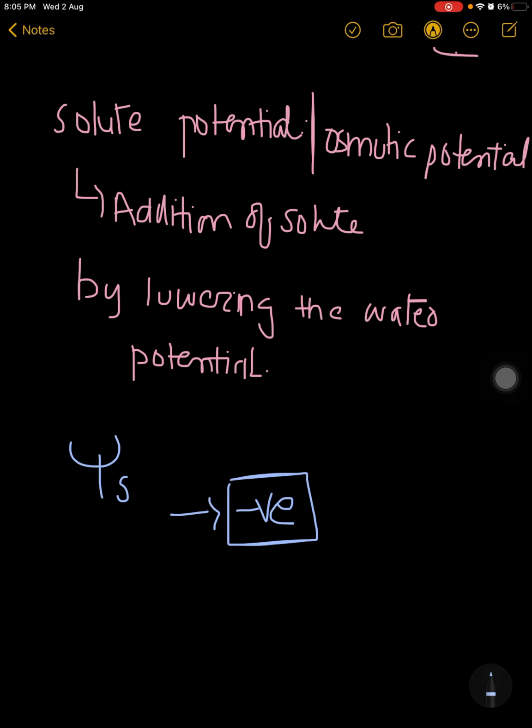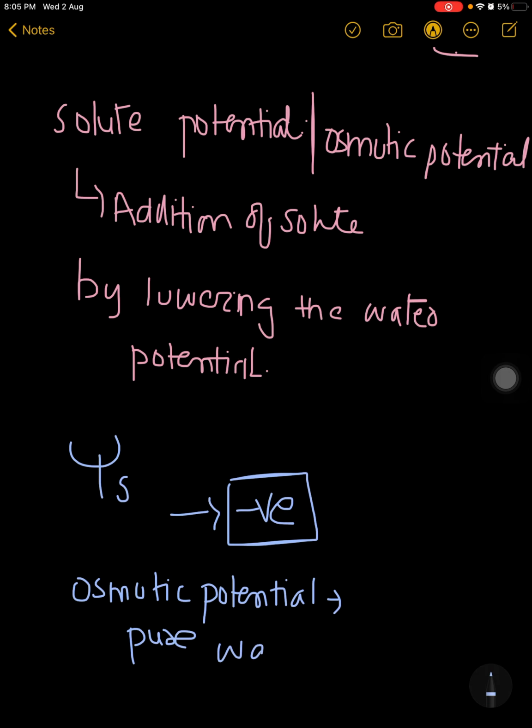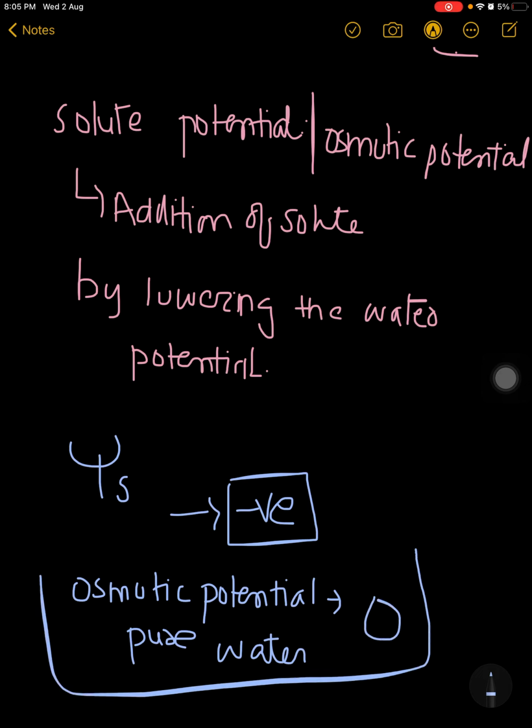Right? The osmotic potential and the solute potential, both are the same thing. The osmotic potential of pure water is 0, and the osmotic potential of distilled water is also 0.